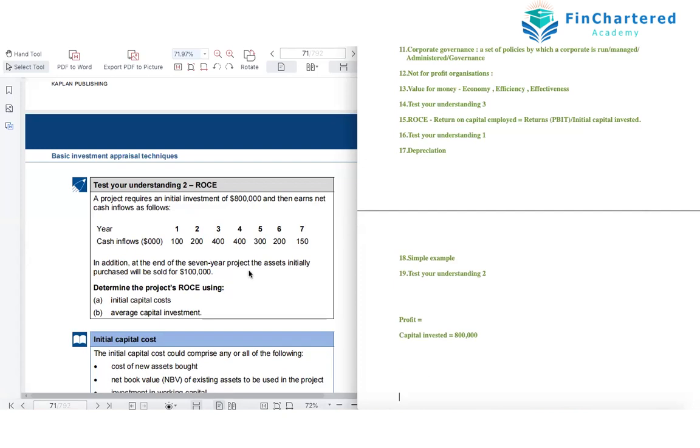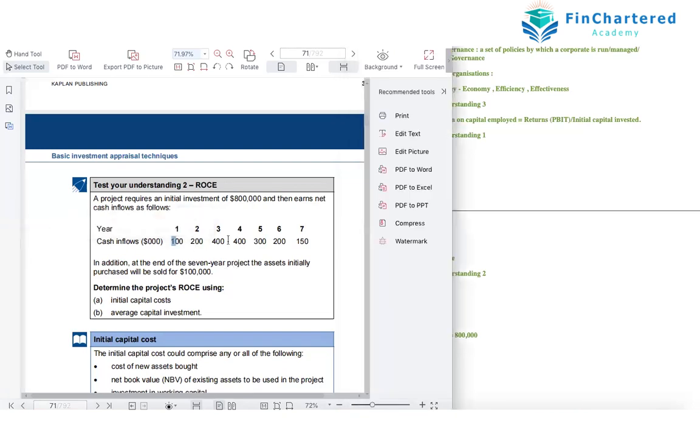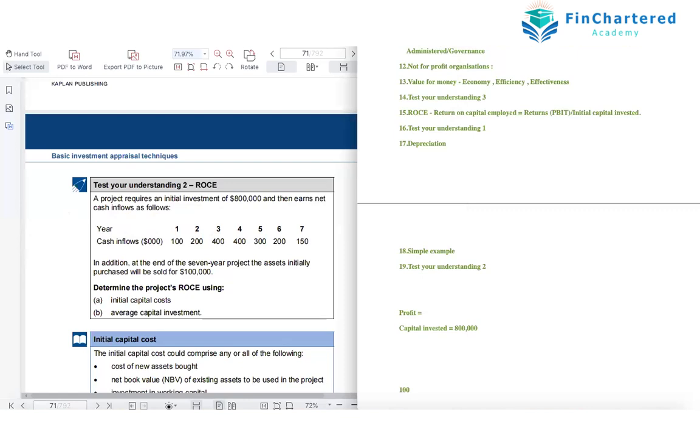What you will do is take the average profit per year, because every year the profit is different. First year is 100,000, second year is 200,000, third year is 400,000, fourth year is 400,000, fifth year is 300, 200, 150. This was for 7 years. So how much is the average per year? Add it up, divide by 7. Simple average calculation.